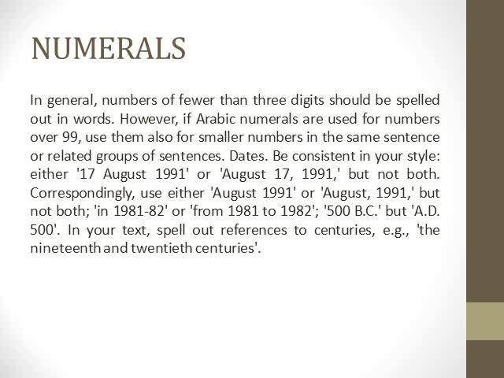Enclosed in single quotation marks '1981-82' or enclosed in single quotation marks 'from 1981 to 1982'. Enclosed in single quotation marks '500 BC', but enclosed in single quotation marks 'AD 500'. In your text, spell out references to centuries, for example, the 19th and 20th centuries.